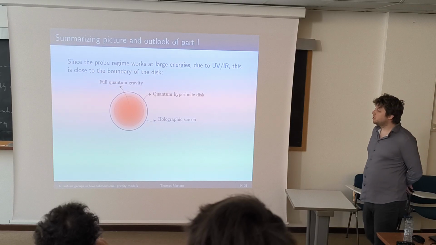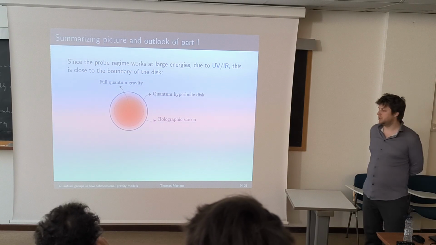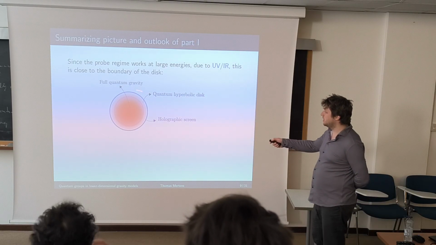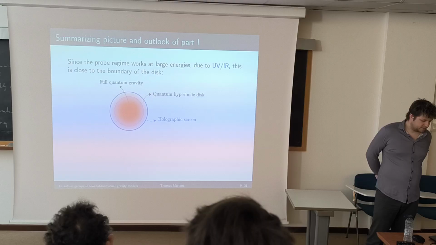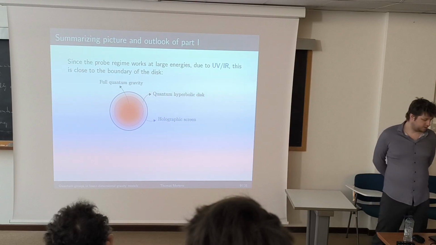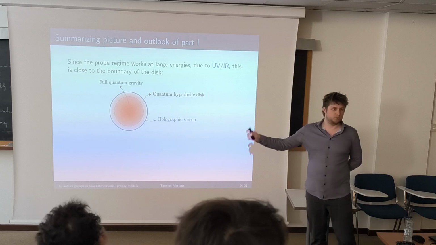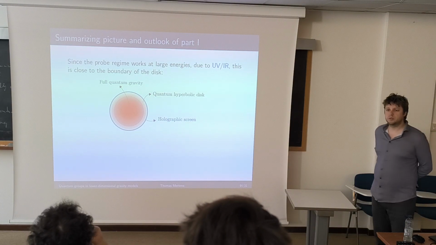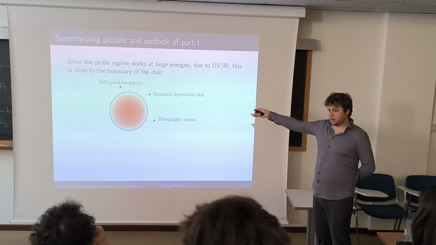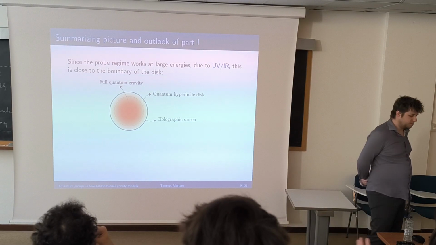So I can draw a summarizing picture of the situation that we are being led to. Here again I have my disk region and the blue circle is my boundary, and then it is my holographic screen as well. At the generic point in the middle we just have the full quantum gravity, the full Liouville gravity. But as we get closer to the boundary, that's where we use this probe approximation, because this is high energies closer to the boundary.